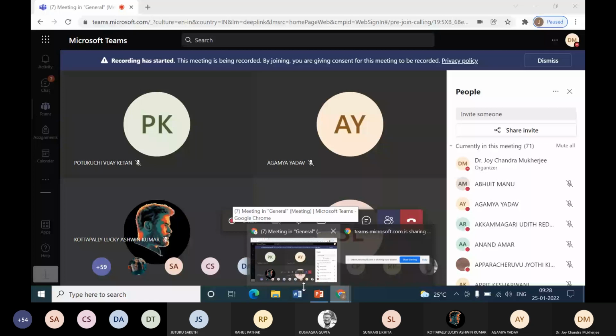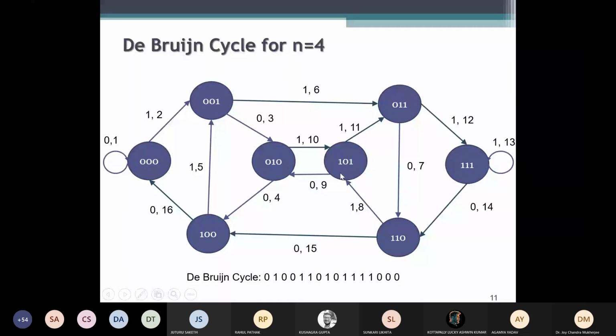This was D3. I'm also showing one for D4, for n equal to 4. For n equal to 3, 2 cube, 8 vertices are there: 0 0 0, 0 0 1, 0 1 0, 0 1 1, 1 0 0, 1 0 1, 1 1 0, 1 1 1. And here, the first n minus 2 entries, n minus 2 is 2 here.